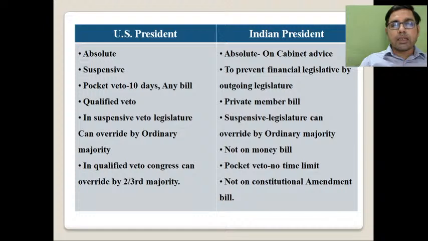So the new government may send advice to the president to exercise veto power on such bills which were proposed by the outgoing council of ministers, outgoing legislature, just before completion of their term.